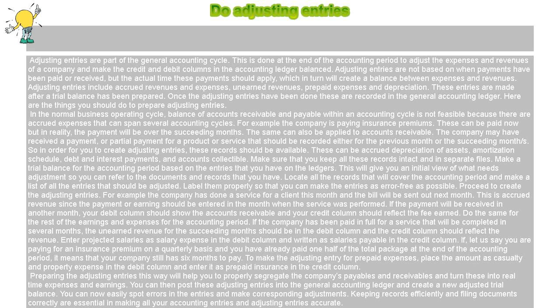You can now easily spot errors in the entries and make corresponding adjustments. Keeping records efficiently and filing documents correctly are essential in making all your accounting entries and adjusting entries accurate.